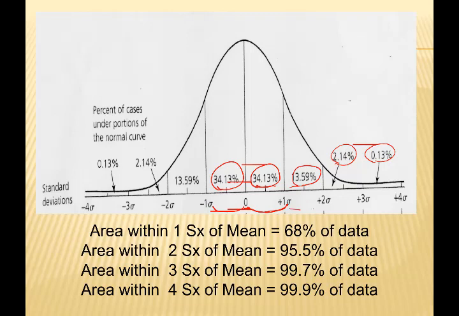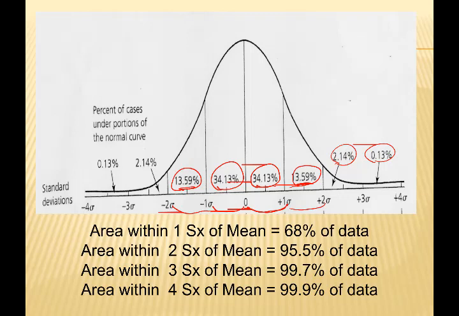If you take it another step out, 2 standard deviations away from the mean on either side, that is what we call the 95.5% range, because that includes the 13.59 here and 13.59 here. When all those percentages are added together, that adds up to 95.5% of the data.